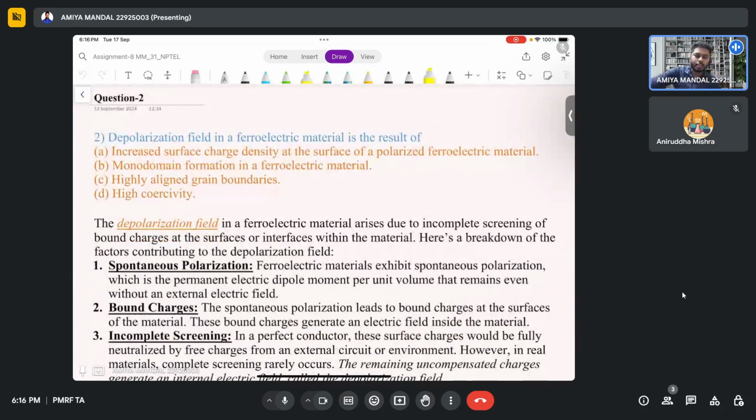Question number 2 is about the depolarization field, a very important term here, meaning the field required for a fully polarized material. In a ferroelectric material, is it the result of, number one, increased surface charge density at the surface of a polarized material?